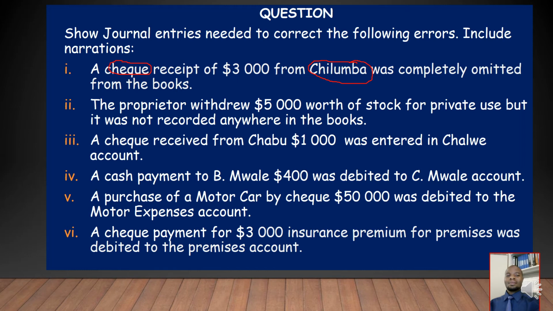Therefore, how are we going to correct this? Number one, we have identified the error that was made. No entry was made. So what should we do in order to correct this error? We are simply going to make the entries as they should have been done in the first place. And which two accounts are involved? The bank account for this check and also Chilumba account. Let's see how we're going to do it.